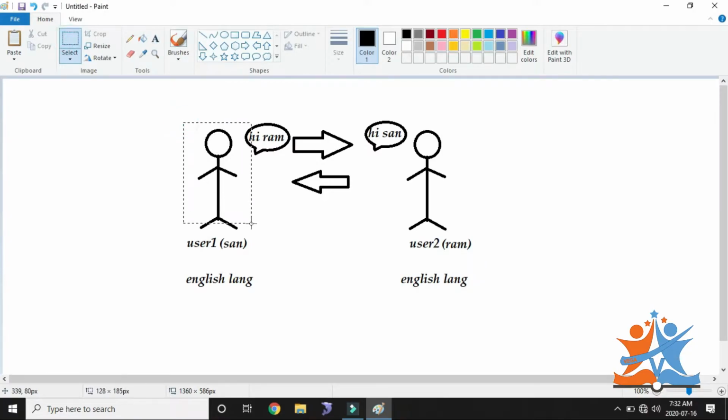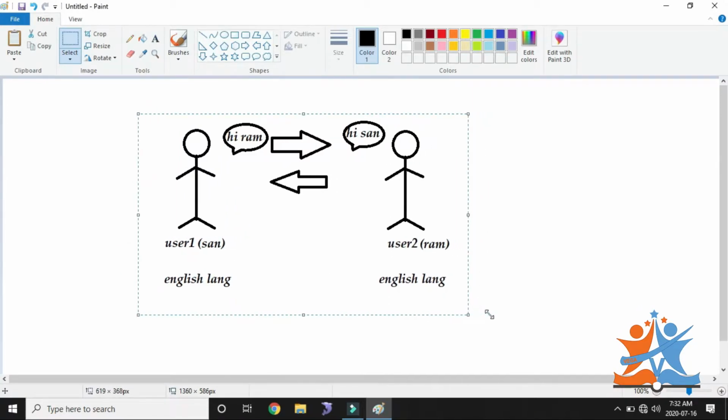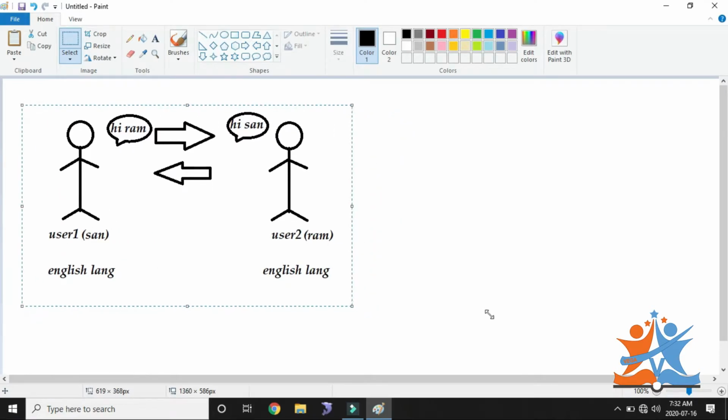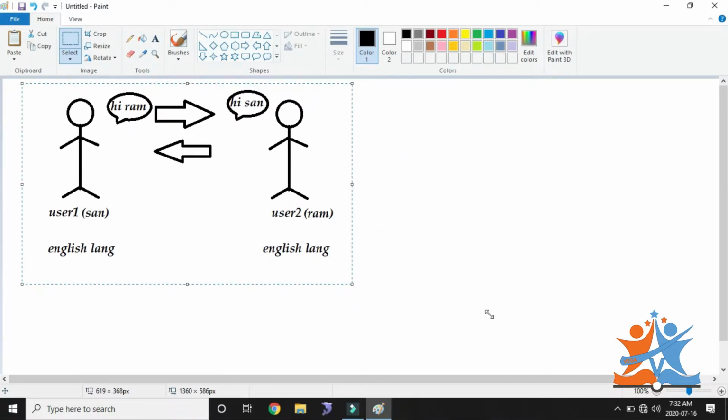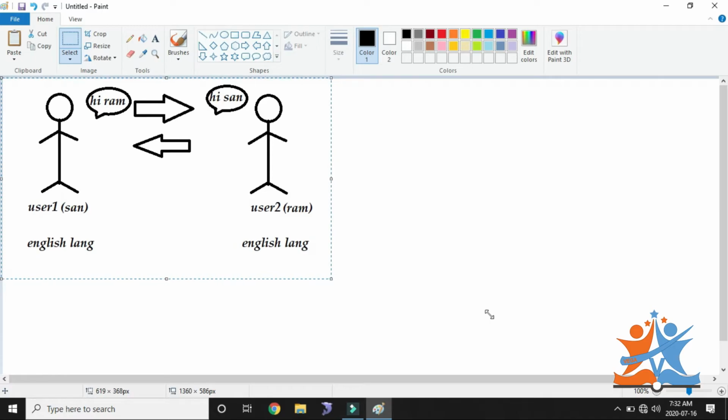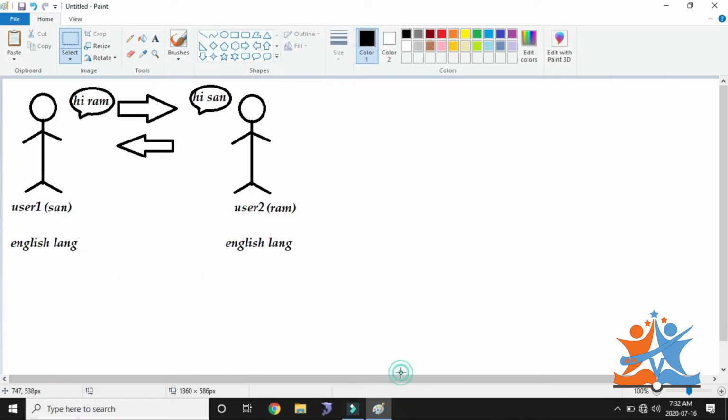Taking an example, I have one more user. So next I will go with the scenario 2 example.